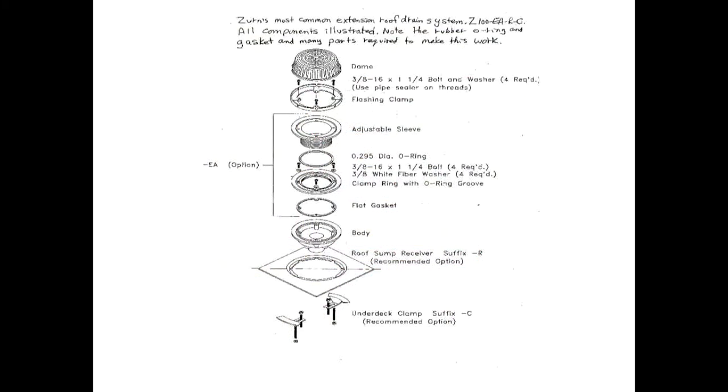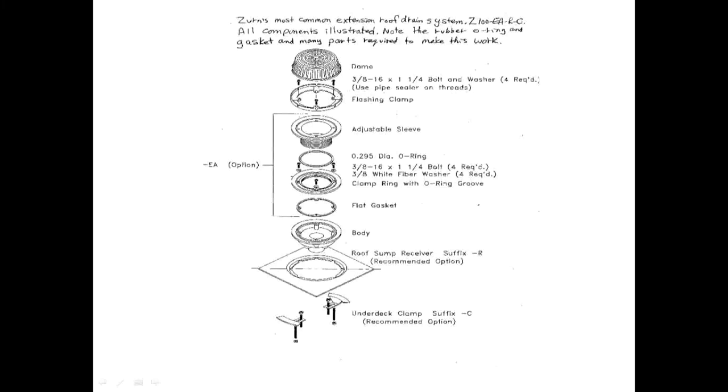Now, this is how Zurn does it. You can see here that it's going from the top down, and this is right out of the Zurn catalog. You've got the Zurn dome, you've got their dome receiving ring, then you have this adjustable sleeve which is threaded. Then underneath that is an O-ring that goes into a clamp ring with O-ring groove and then a gasket.